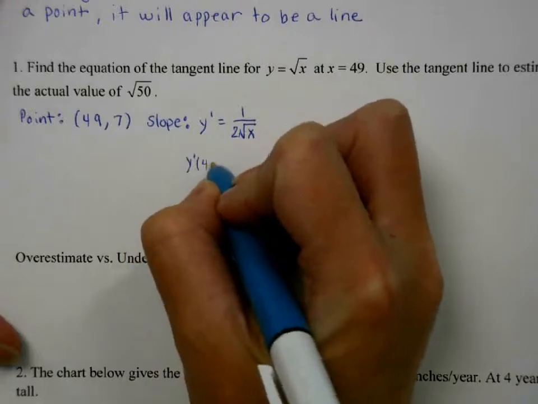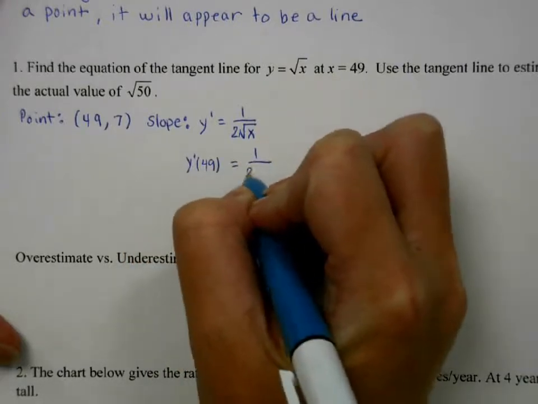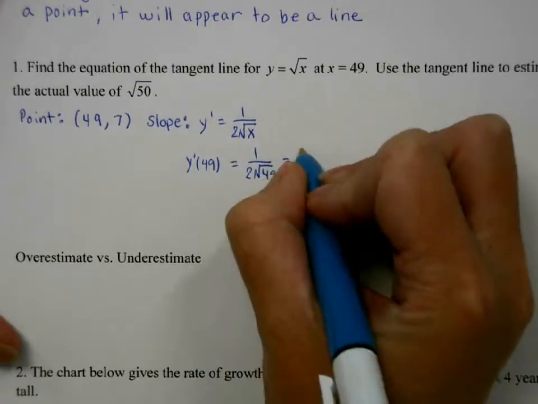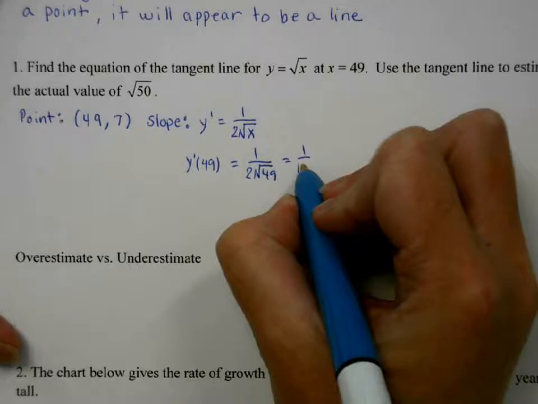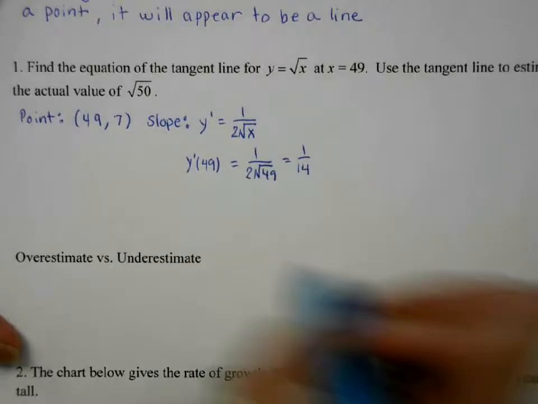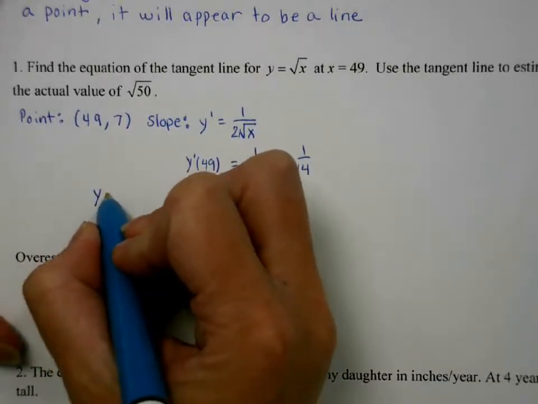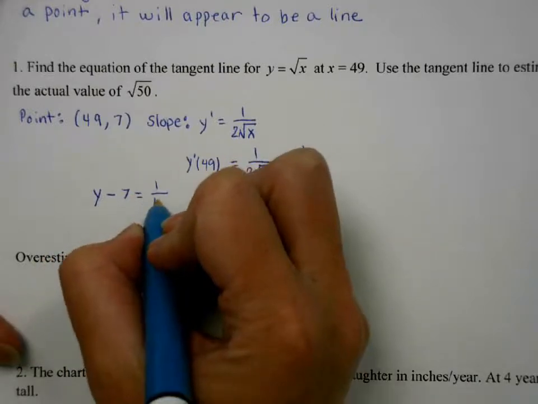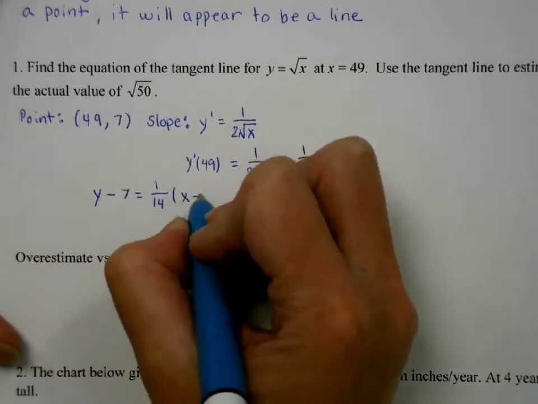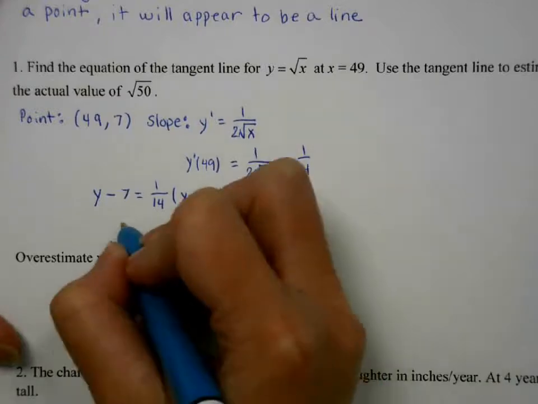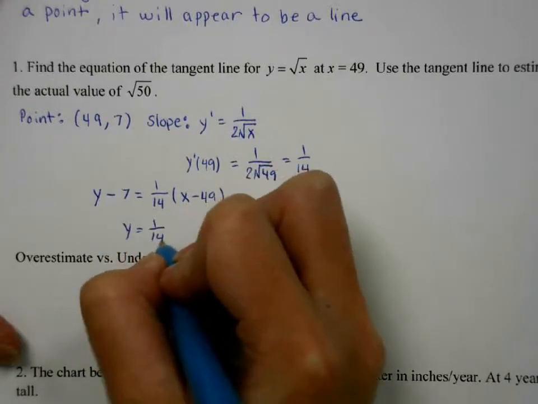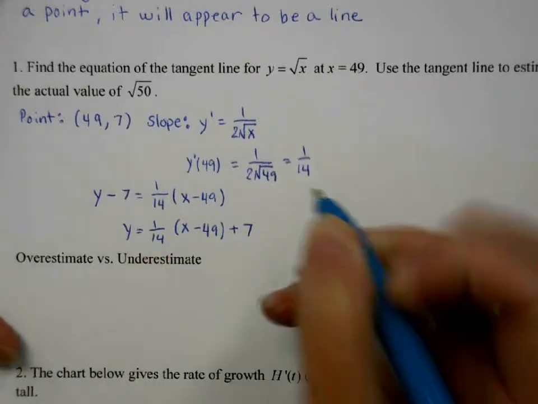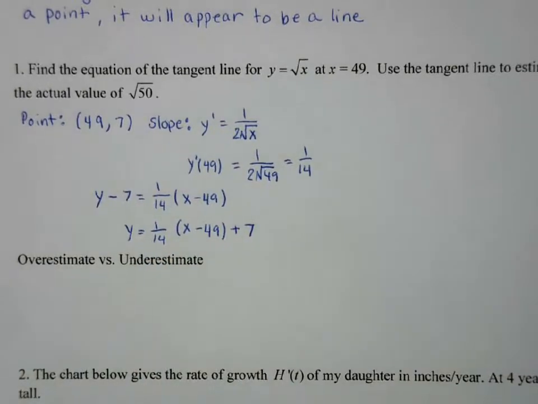So if I plug in 49, we get 1 over 2 root 49, which is going to be 1 over 2 times 7, or 1/14. So my tangent line approximation is going to be y minus 7 equals 1/14 times (x minus 49). I'll go ahead and add that 7 over. You don't necessarily have to do that, but I am.